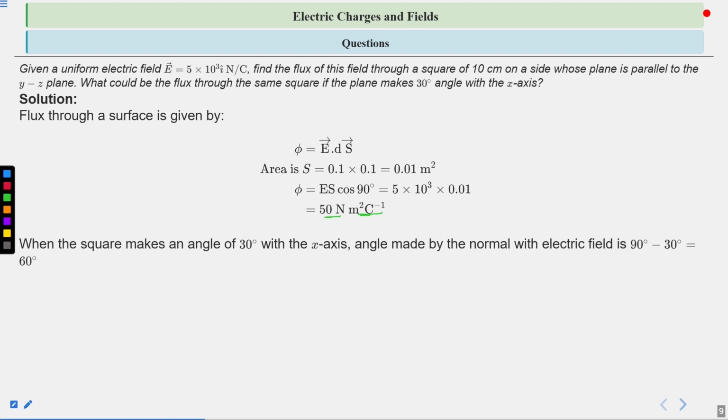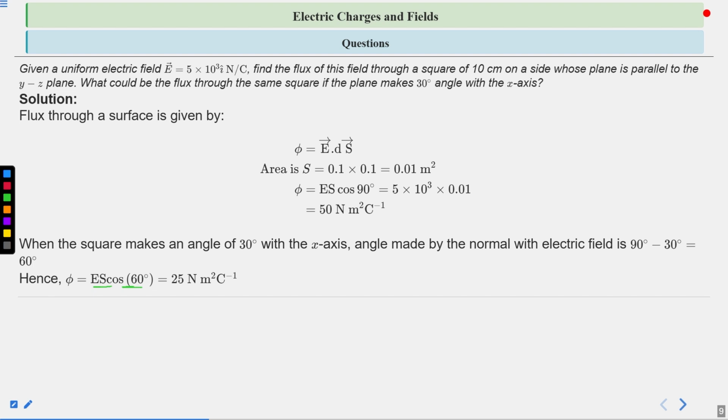Now when the square makes an angle 30 degree with x-axis, in that case the angle made by the normal with electric field is 90 minus 30, that is 60 degree. So here phi equal to E ds cos 60.